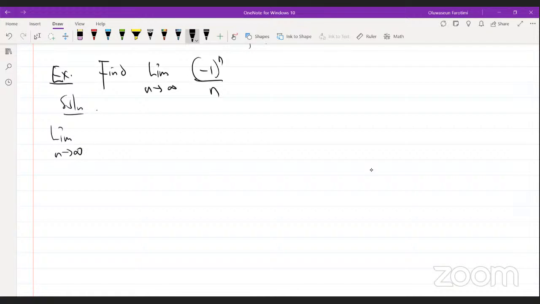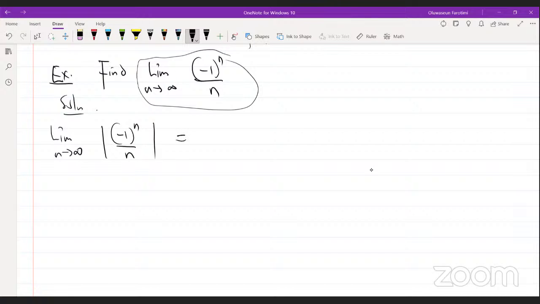Check the limit of the absolute value of this guy. If it gives me 0, that means this guy is going to be 0. But if it doesn't give me a 0, that doesn't actually mean that this guy would be a 0 or not. You don't know.